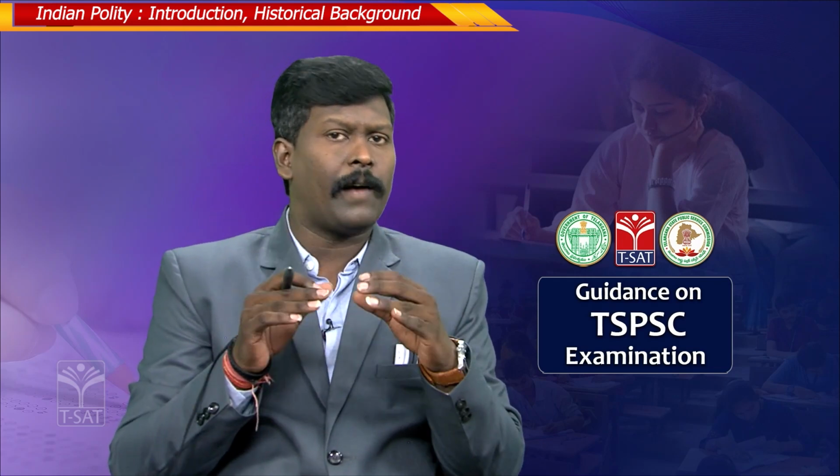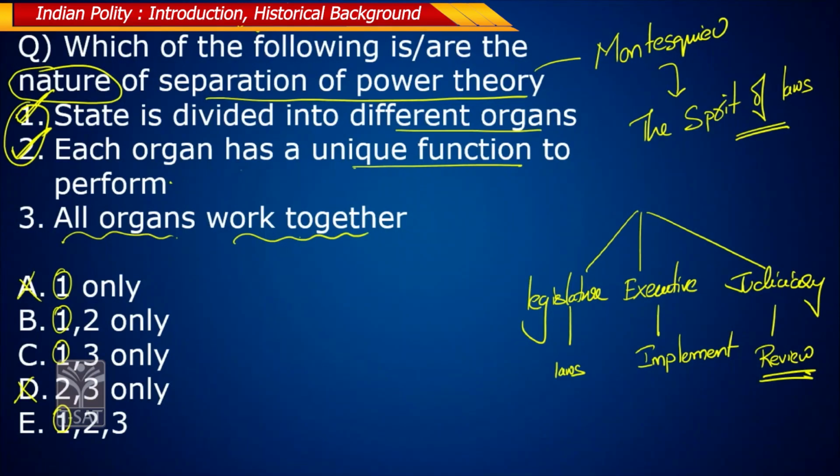In India, it is not in absolute terms because it is diluted, because in India, legislature and executive work together. But I am not talking here in terms of India. I am talking in terms of the true nature of separation of powers theory. In its true nature, all organs work together is a wrong statement. So the answer is B. 1 and 2 are the correct statements.